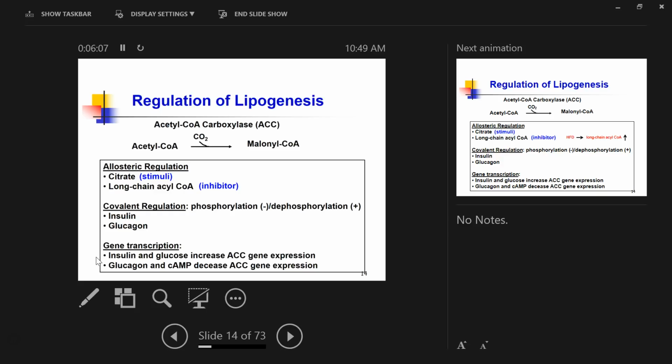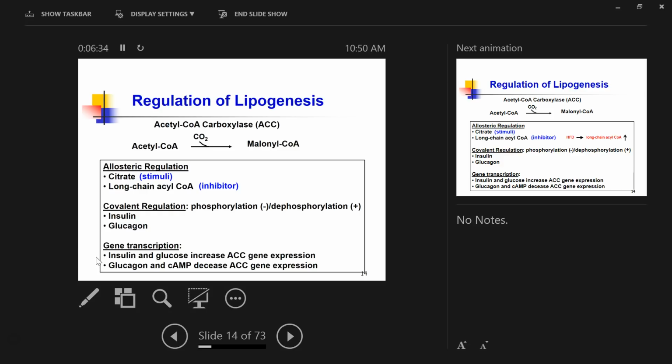And number 12. Glycerol 3-phosphate can be synthesized from which two pathways? Can you guys remember? The two metabolic pathways that are very important for the generation of glycerol 3-phosphate.